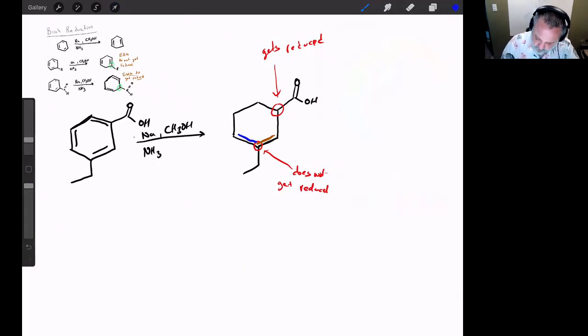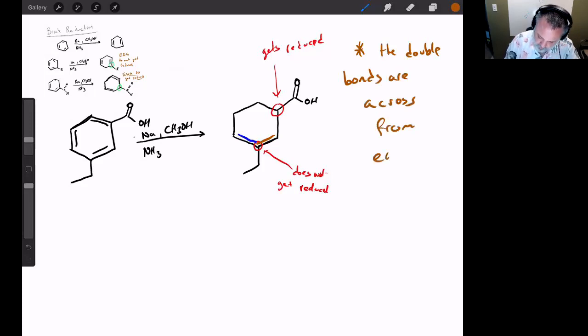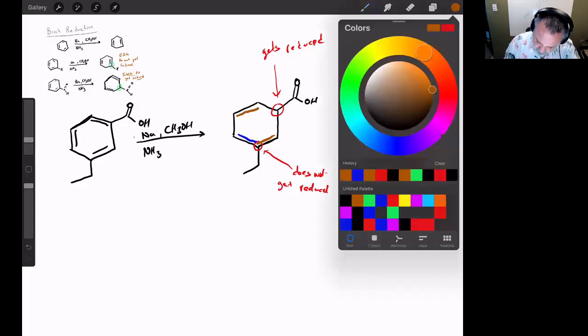If it were the situation in brown, then the last piece to remember is that the double bonds are across from each other. And so that means for the brown situation, it would be there.